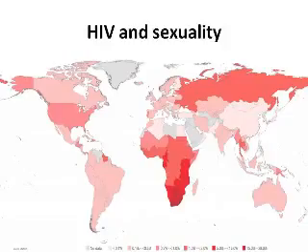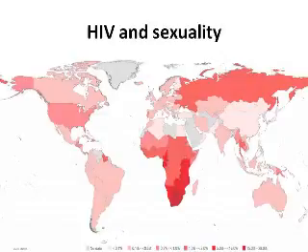Okay, and for our last point, let's talk about HIV and sexuality. Here you have a map of HIV prevalence. You can see that the darker shade countries are in sub-Saharan Africa, where this is really a big tragedy. The lighter shade is Western Europe, Asia, and Latin America.